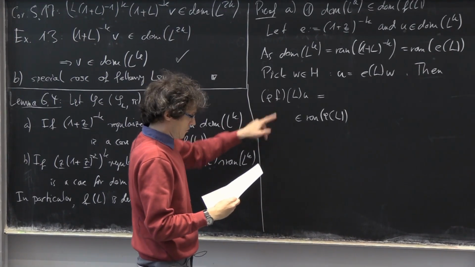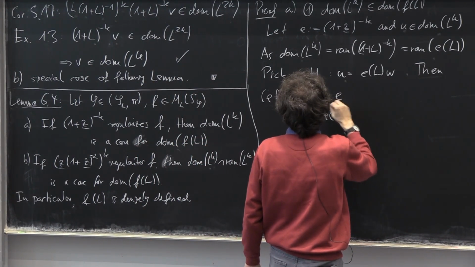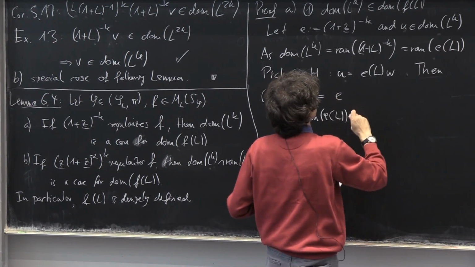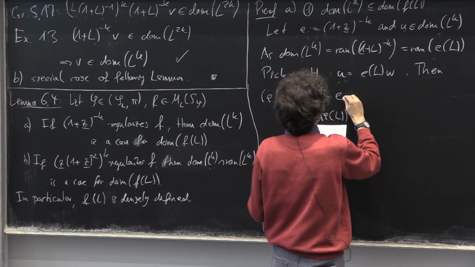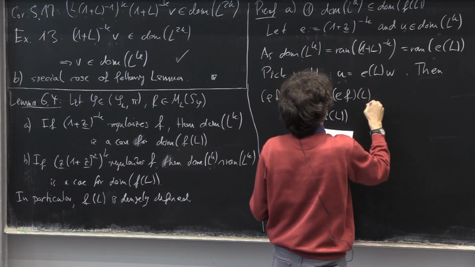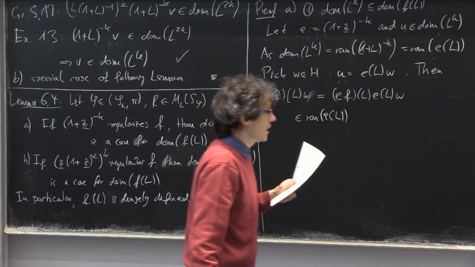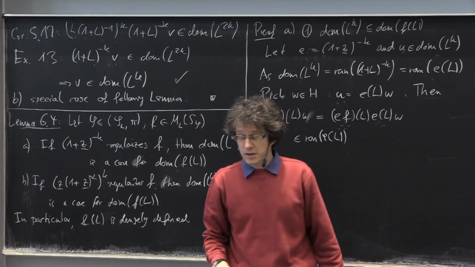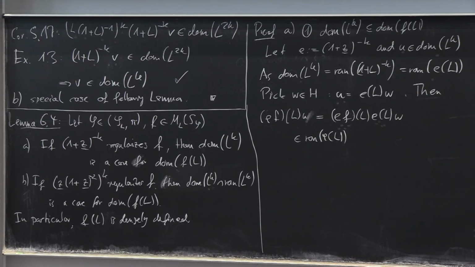Okay, what can we do about this? Plug in the definition of U. So that's it: E F of L times E of L W. Now these are both operators coming from functions in the Dunford-Rees class, so everything here is bounded.